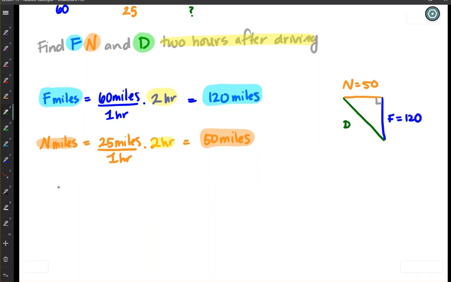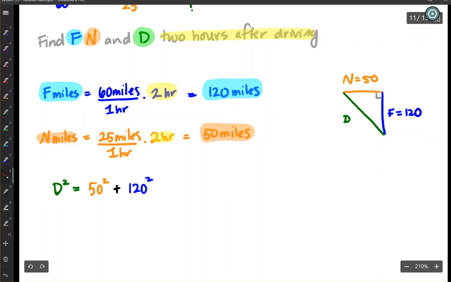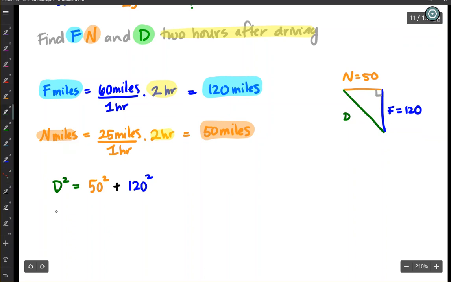So with my Pythagorean theorem, I know that D squared is equal to 50 squared plus 120 squared. You might recognize a scaling up of a 5, 12, 13 triangle. That's going to be 130. Or we can just go ahead and solve this. But I'm going to just write D is 130 miles. All right, so there's our scratch.